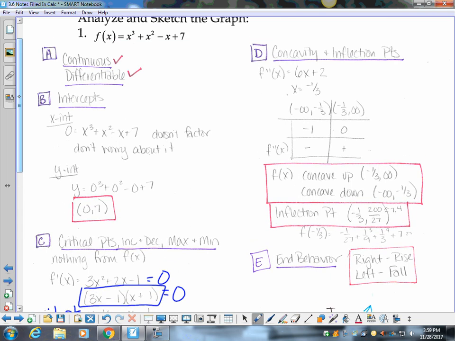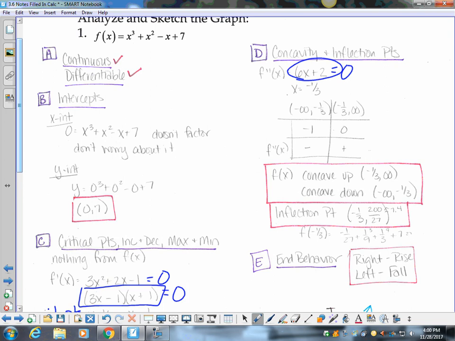So then I'm going to come to part D, and I'm going to do concavity and inflection point. So concavity, I take the second derivative, I set it equal to 0, and I solve it. And that helps me define my interval. For my concavity test, I pick numbers in those intervals and plug them into the second derivative. So I'm plugging them back into here.